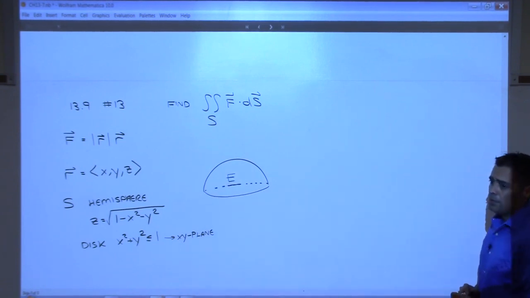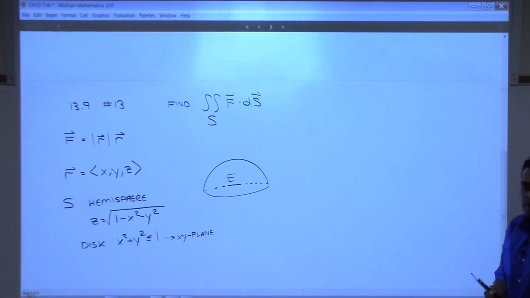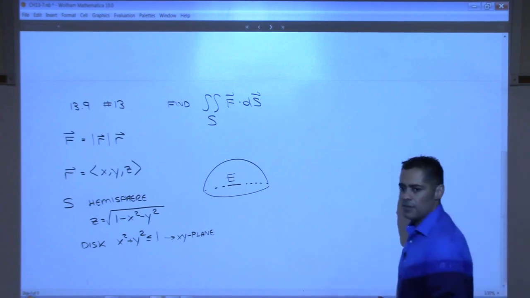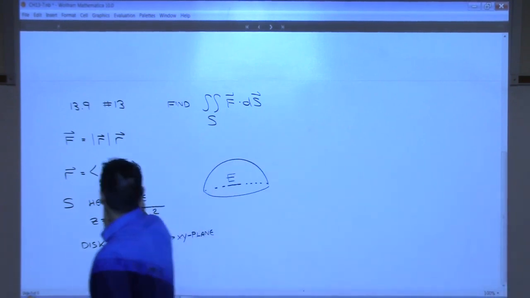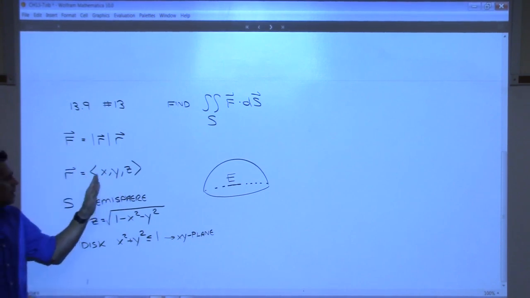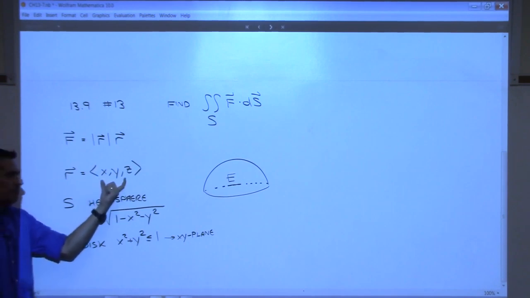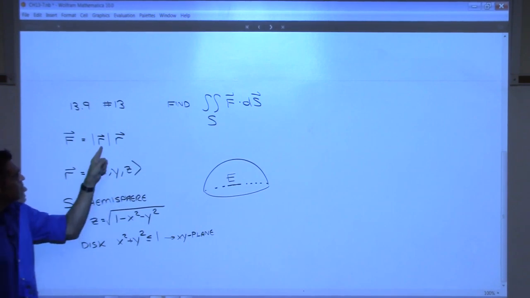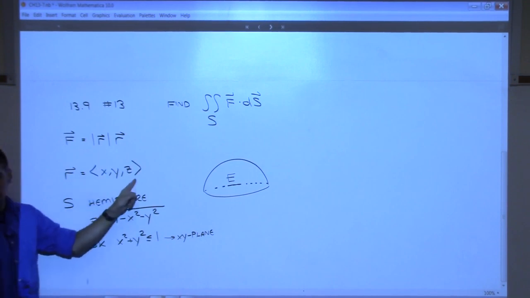So I should be able to use the divergence theorem, but I'm going to need to come up with the div of F to do that. And we need to get a grasp on what F is, because F was not given to us in its standard form. So what is it? F is actually this vector. So this is like my PQR. Not yet, though. This is the vector field, but we're multiplying it times the length of the vector.